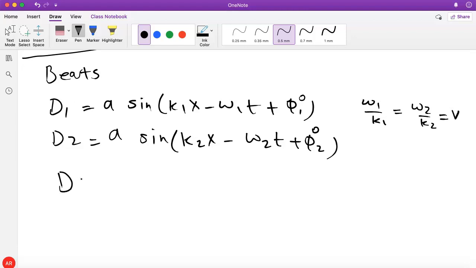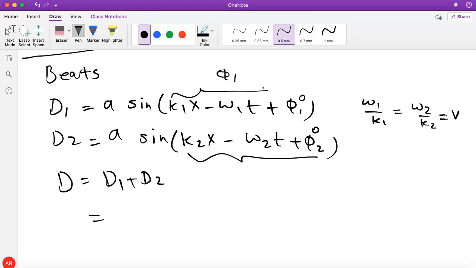Then D, the superposition, which is D1 plus D2, calling this whole thing phi 1 and this whole thing phi 2, is going to be sine phi 1 plus sine phi 2.